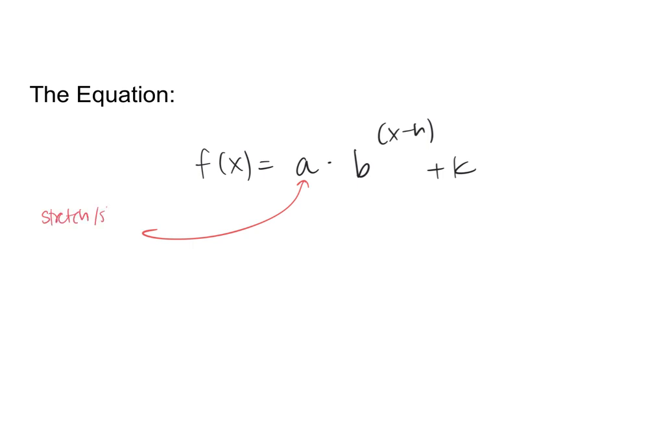Here's the basic form of the equation of an exponential graph. It looks like this. f of x equals a times b to the x minus h, plus k. Let's talk about what all of this stuff means, okay? A indicates a stretch or a shrink in the graph. Also, if there's a negative in front of A, that indicates there's a reflection.